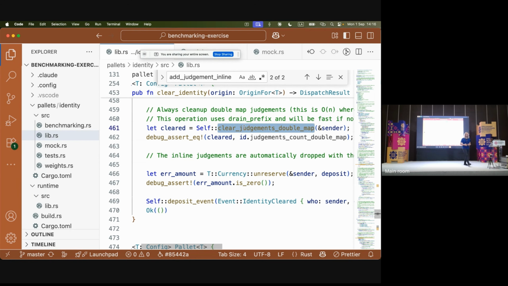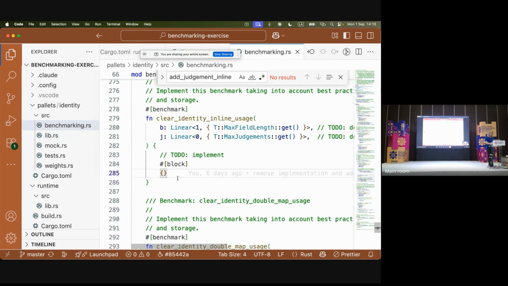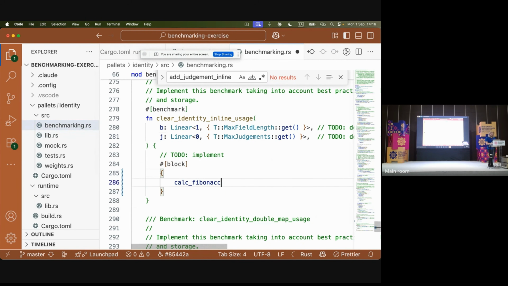I'm thinking I want to use provide judgment double map in the implementation of the benchmark, but will that affect the actual benchmark? Okay, so the benchmarks only benchmark what is marked here as block. So calc Fibonacci, which we don't have, but we could have.